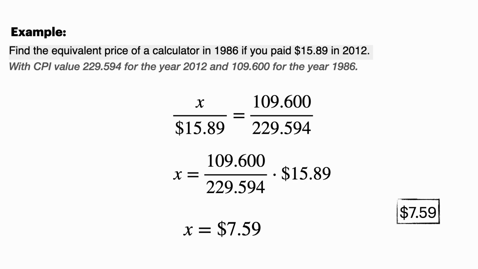I would say probably on the order of 10, perhaps. I'm just guessing, but I'm thinking that a calculator in 1986 with the same functions and everything as in 2012, I would gauge that it would be a couple hundred dollars versus almost $8.